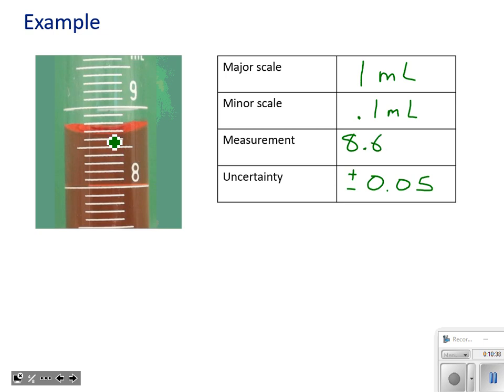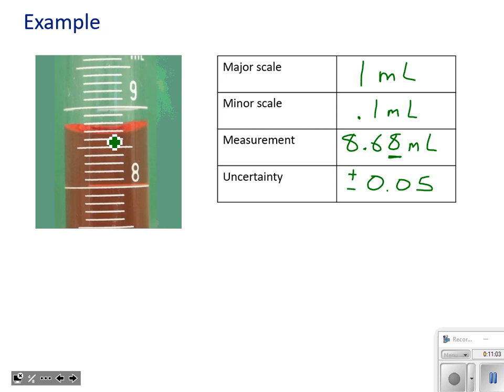And now I am going to read into my uncertainty. And as I read that, I'm saying that that is 8.68 milliliters. So that last 8, this guy right here, is my uncertainty. That is my estimation.